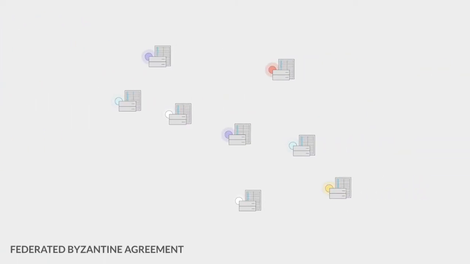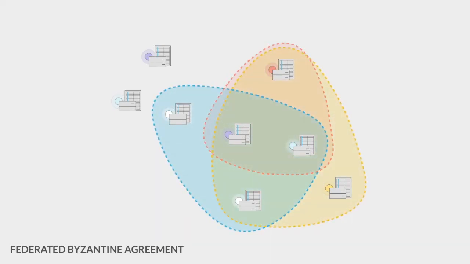In FBA, there is no recommended validator list chosen by a central authority. Rather, each validator decides which other validators they trust, and their list of trusted validators is called their quorum slice. The quorum slices of each validator overlap to form a quorum, or network-wide consensus on a transaction. Without the need for one centralized authority to decide on the validator list, you create an open membership network.